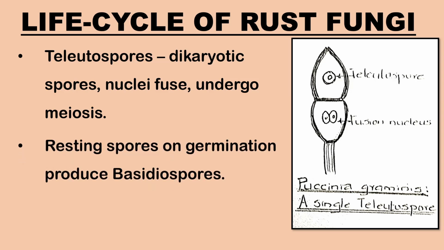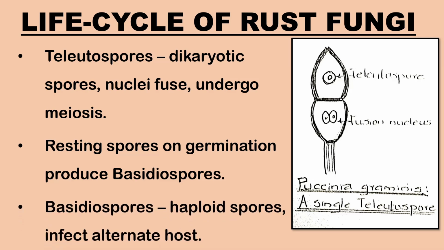They are resting spores and on germination produce basidia and basidiospores. Basidiospores are haploid ephemeral spores. They are carried by wind in spring and frequently infect the alternate host.